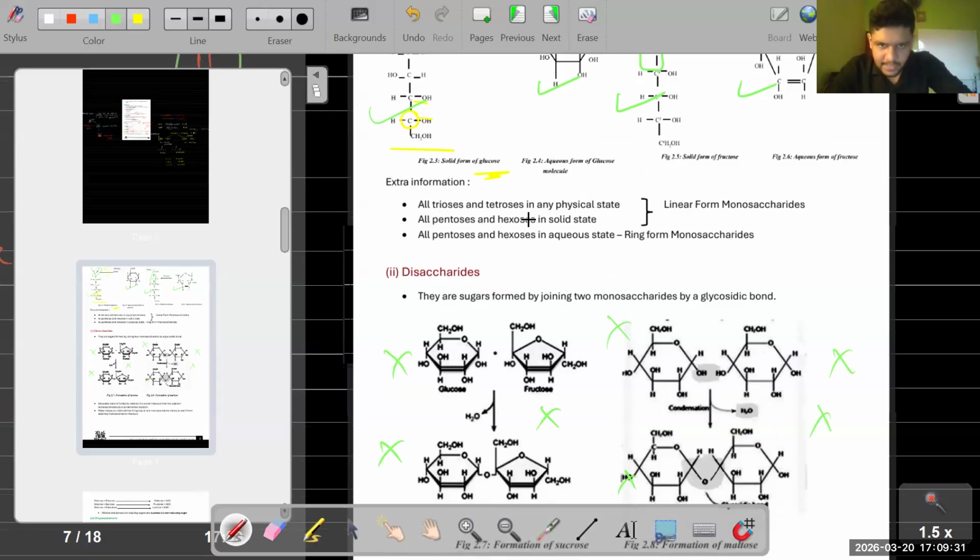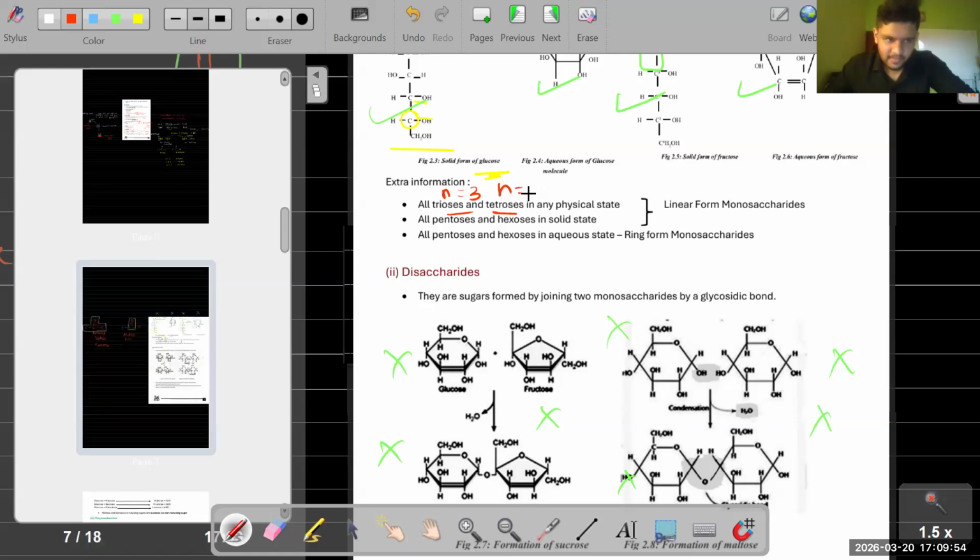All trioses and tetroses. Trioses means n equals what number? Trioses means n equals 3. Tetroses means n equals, see the word tetra, 4, exactly.